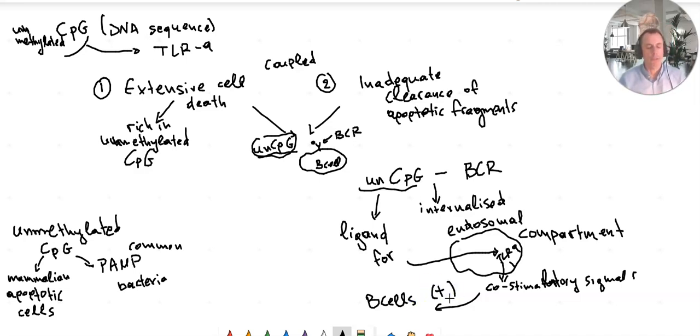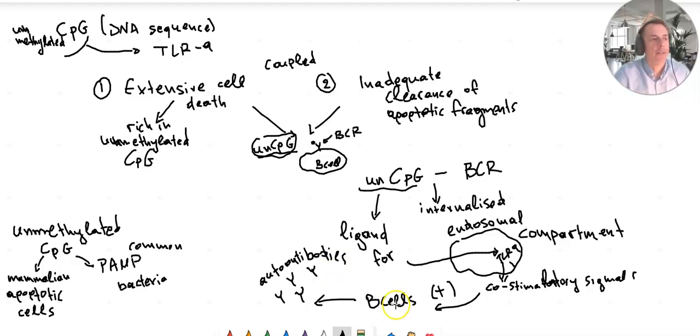These are the co-stimulatory signals that activate B cells, and these B cells can now produce anti-chromatin autoantibodies, or they can also act as APCs for autoreactive naive T cells, leading to systemic lupus erythematosus.